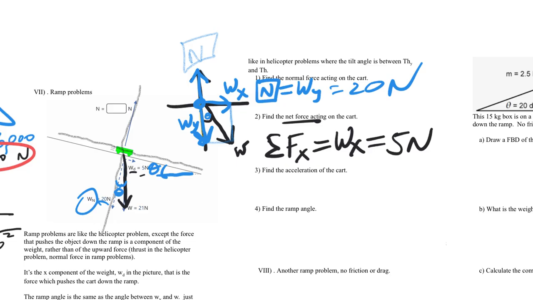Find the acceleration of the cart. So F net in the x direction is equal to ma. So net force is 5. The mass is, take the weight. Don't pick the wrong one. Don't pick 20. The weight is 21.